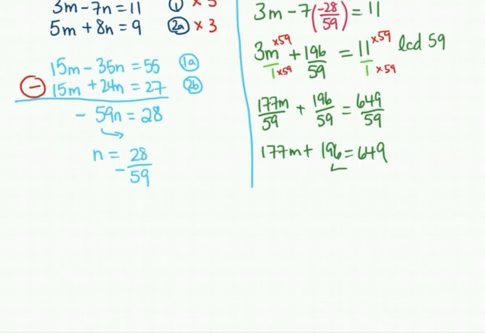So we're going to boot the 196 over. $453. Hopefully you're seeing why this is the level 4 question. If you can do this, you can do any of these. All right, boot the 177 over.